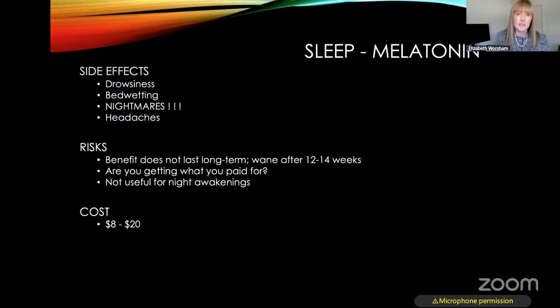Side effects, not surprisingly, include drowsiness. It can increase bedwetting because the person is more sedated and drowsy, so they may not be as in touch with cues to wake up and use the bathroom. They can have nightmares.